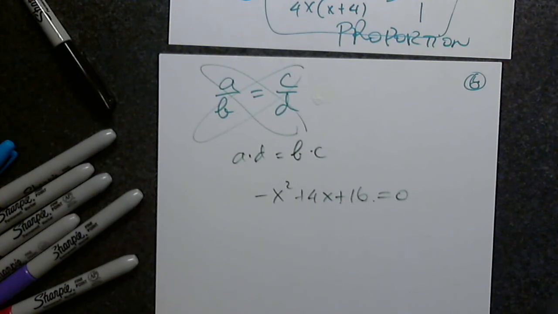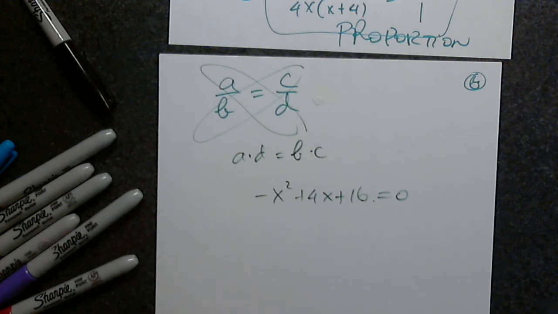In the next step, we found the LCD. The next step, we found the adjustments for the top. The next step, we said, either I use the concept of a proportion, or I say a fraction is 0 only when the top is 0. And I set the top equal to 0. That's where we are right now.